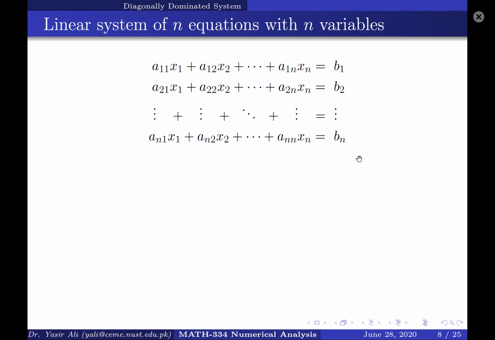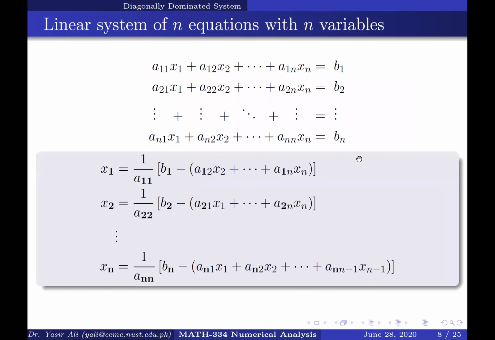In general, we have an n cross n system, and we can write it in the following way: x1 may be obtained from the first row, x2 may be obtained from the second row, and similarly xn may be obtained from the nth row.